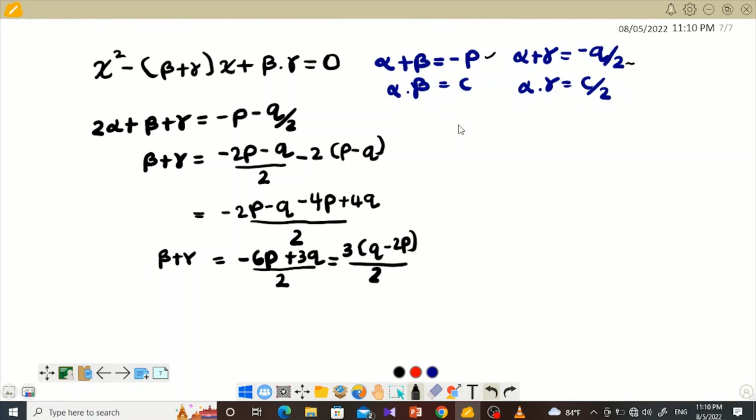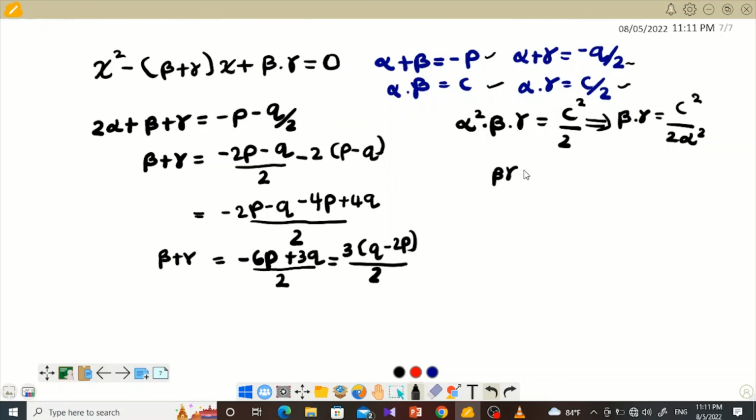Then I am going to find the product of roots. I multiply alpha dot beta and alpha dot gamma. Then I obtain alpha squared beta gamma equals c squared divided by 2. I can make beta gamma the subject as this: c squared divided by 2 alpha squared. We have obtained values for c and alpha. I am going to substitute them.